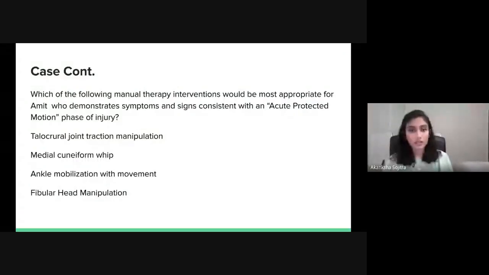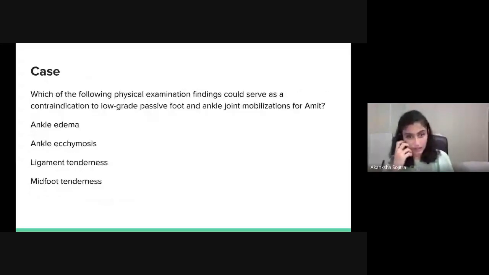Okay, so let's go over the first question. So that's your case, right? And so what's the contraindication for normal passive foot mobilizations for this case?